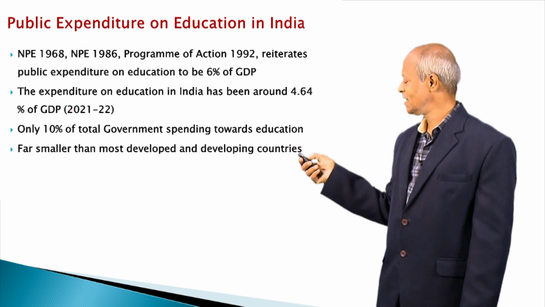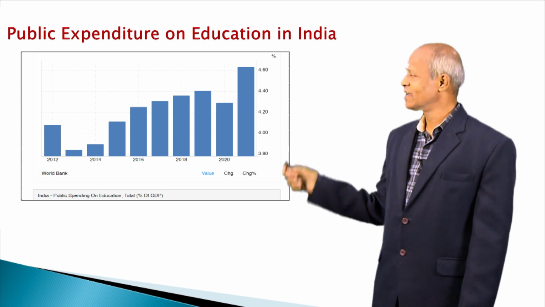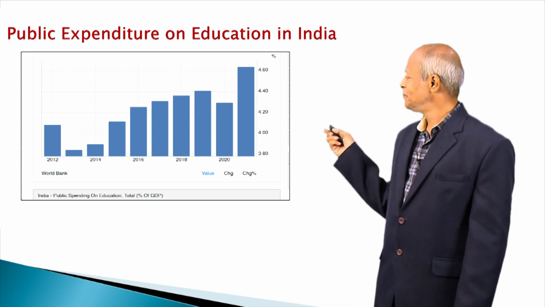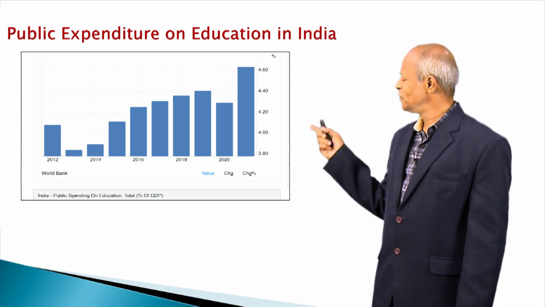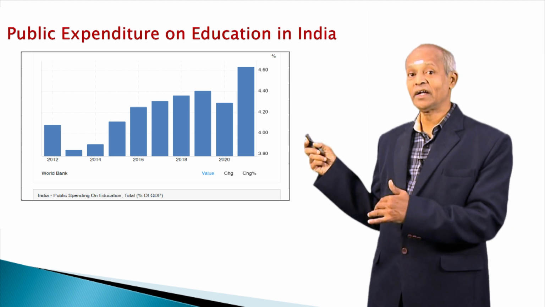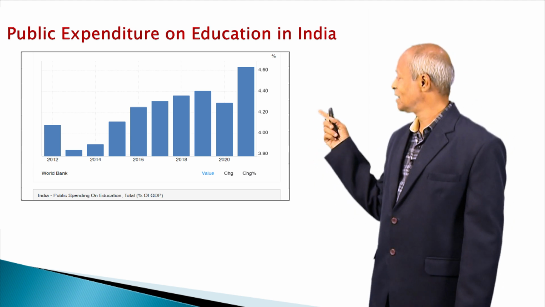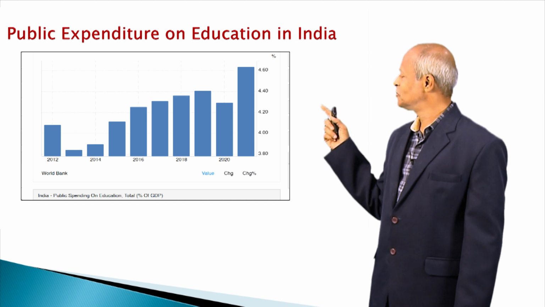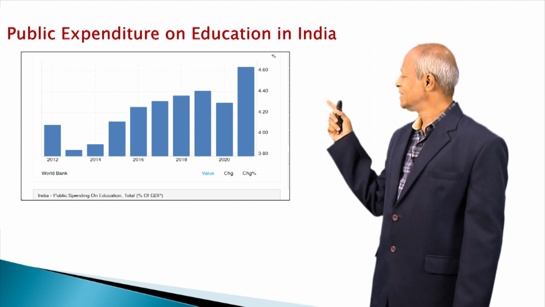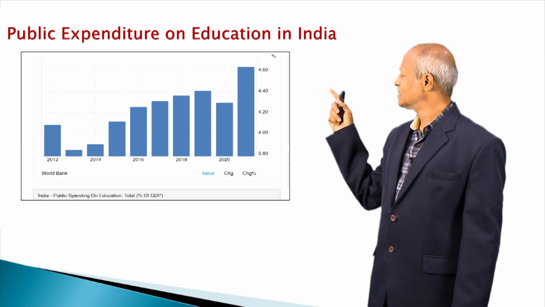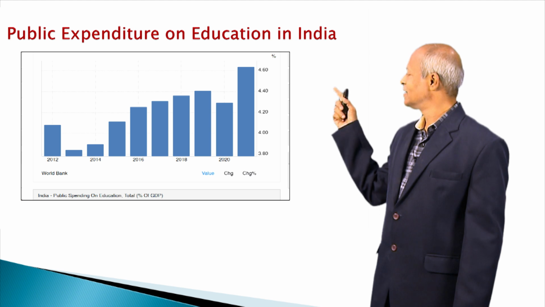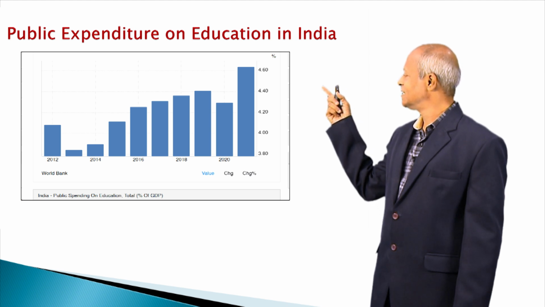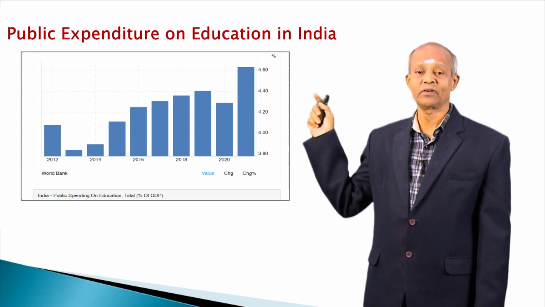Now, let us see the diagram. You see, in 2012 it was around 4, in 2013 unusually there was a decrease in the financing pattern, it was around 3 point something, and gradually it is increasing. In 2019 it is some number, but in 2020 again it is decreasing, and in 2021 it is increasing, something around 4.64.